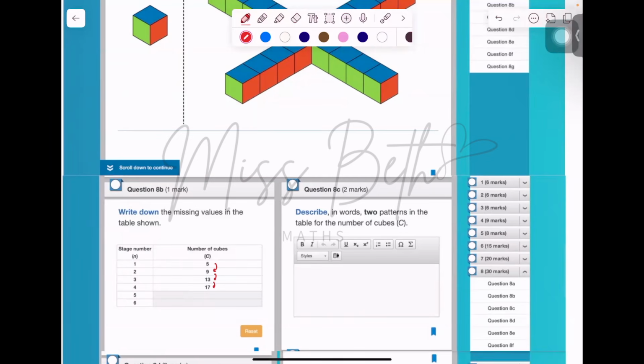Then I can work out how many cubes I need in stage 5 and so on. I can see that we are adding 4 each time, so it is a linear sequence or an arithmetic sequence. So I know that stage 5 would have 21 cubes, and then stage 6 would be 25 cubes.